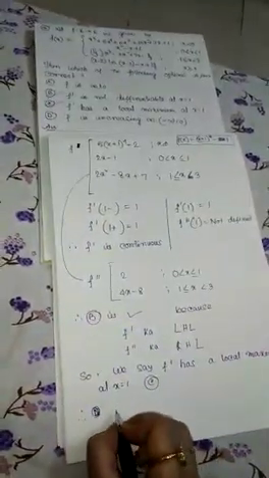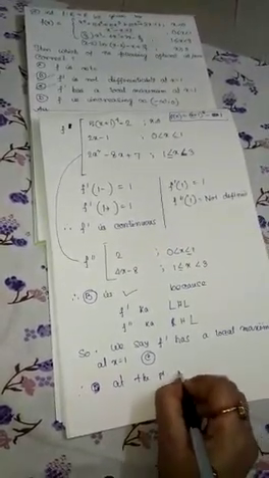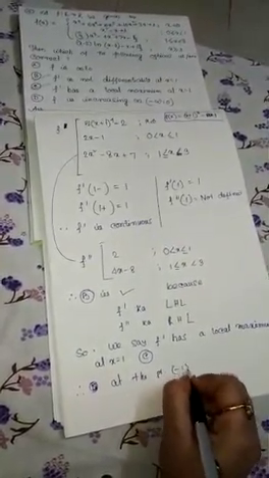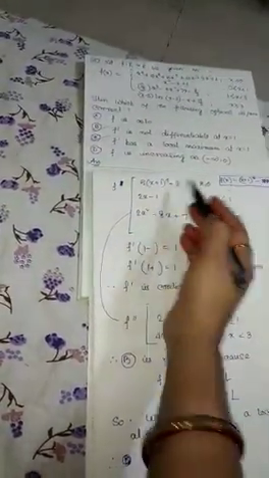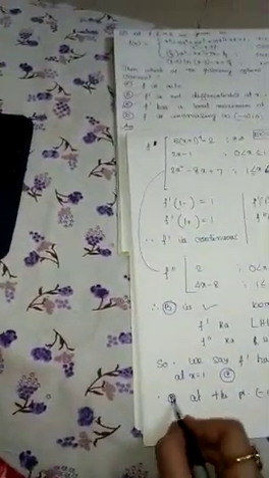At the point minus 1, f' is negative. Therefore we easily say that f is not increasing on minus infinity to 0. Option D is wrong.